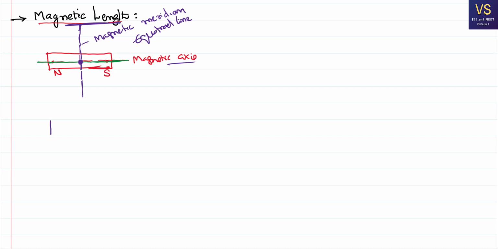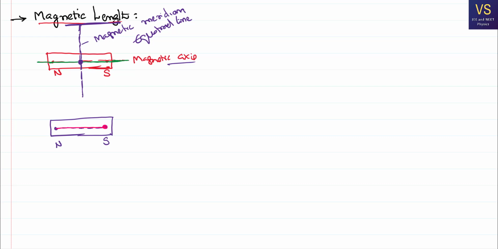So if you draw a magnet again, just for convenience, I'm drawing it again. This is the north pole, this is the south pole of the magnet. The shortest distance between north and south poles along the axis of the magnet, along the axial line of the magnet, is called magnetic length. So this is what the magnetic length is.